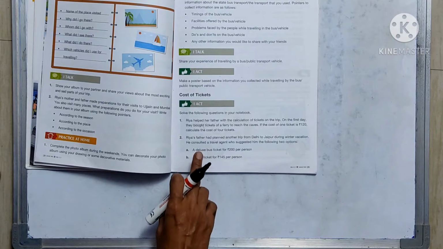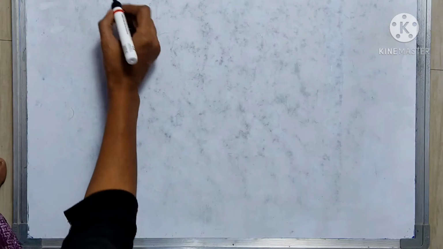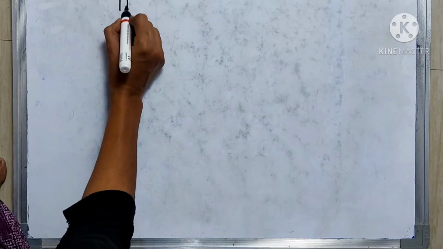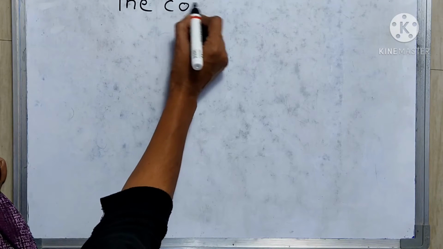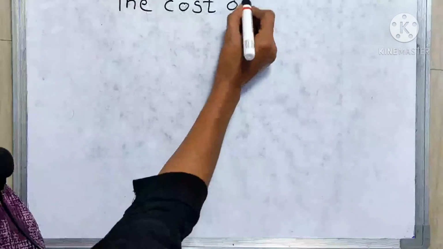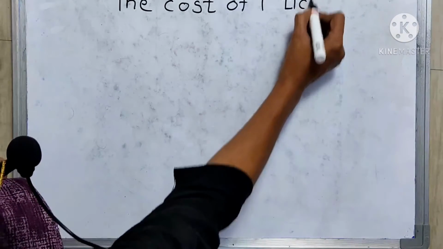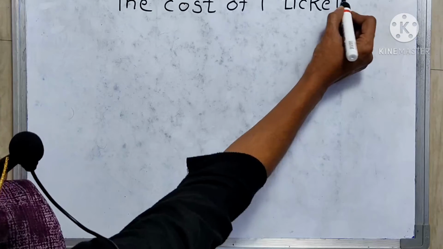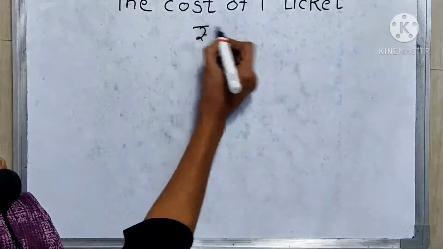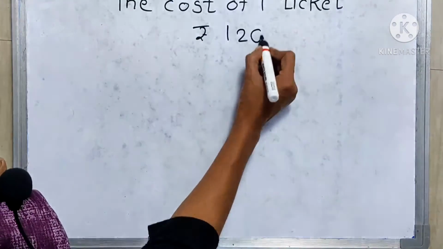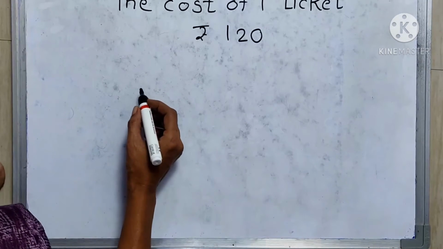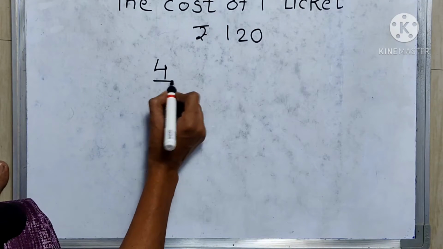Children, what is given in the question? The cost of one ticket is rupees 120, and we have to find out the cost of 4 tickets.